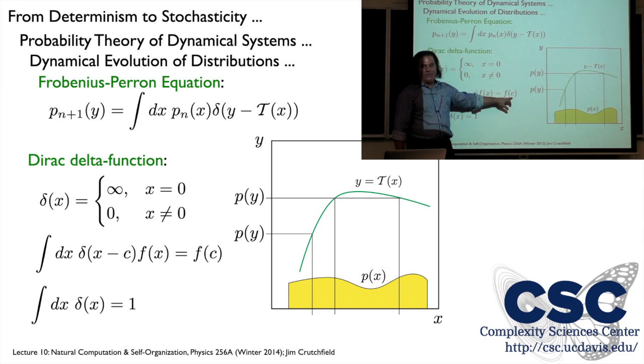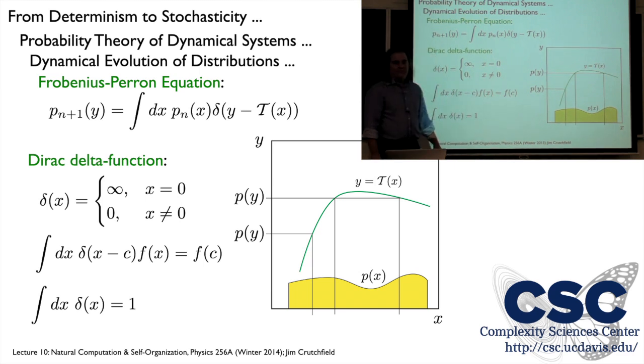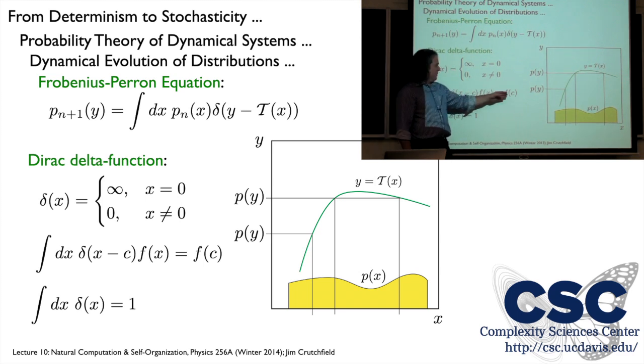So I get the value of f of c back out again. So you can think about these as just formal definitions of what this delta function is doing. So we're just integrating, this could be any function here, and it just samples at one value, x equal to c. I could put a couple other delta functions in here, x minus d, x minus a, and then I get a sample of f of c, f of a, and so on.